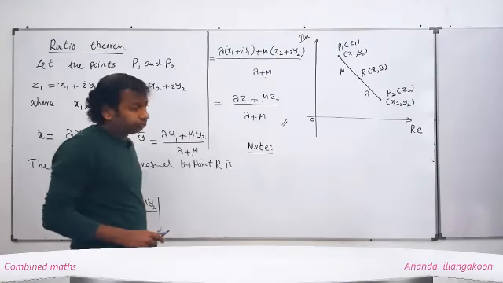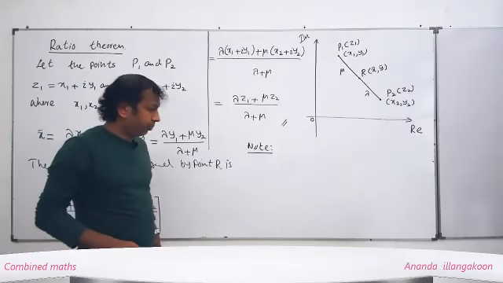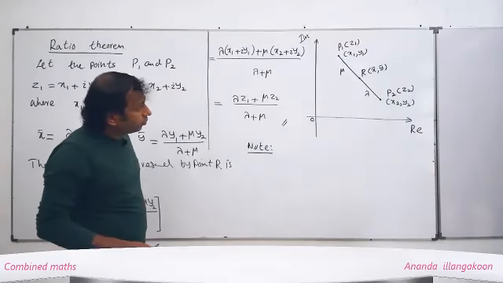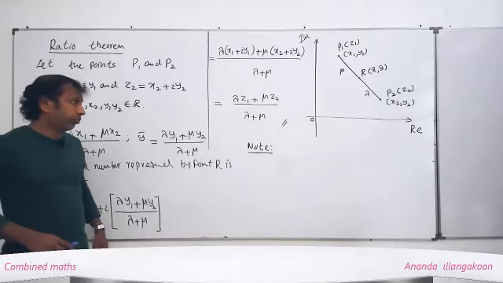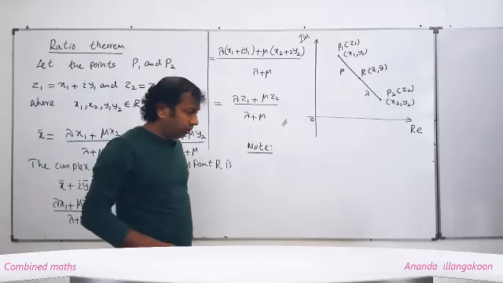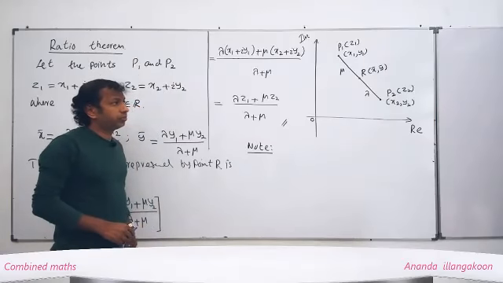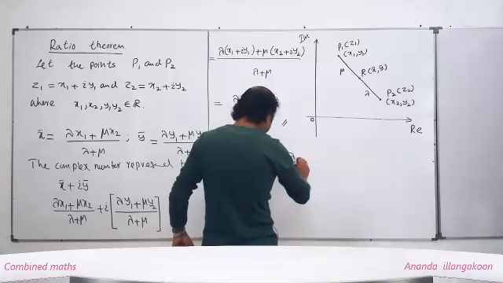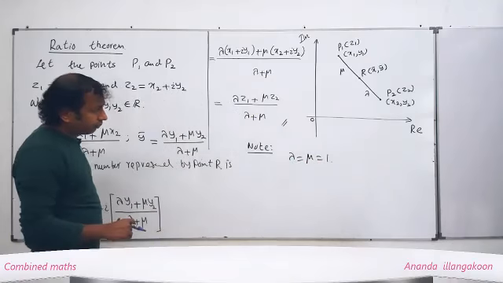Let capital R be the midpoint of the line P1, P2. Then lambda equals mu equals 1.